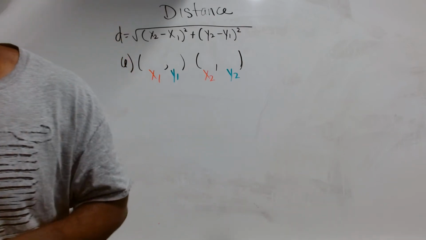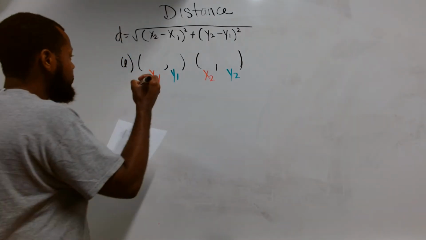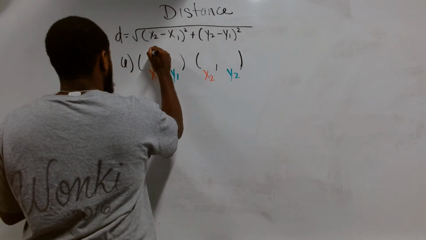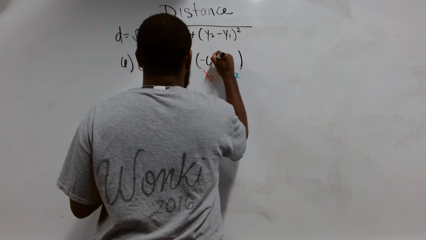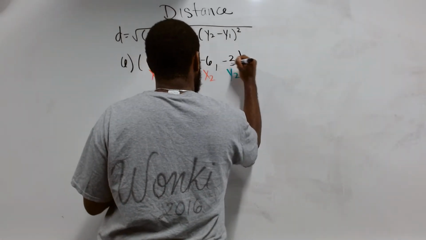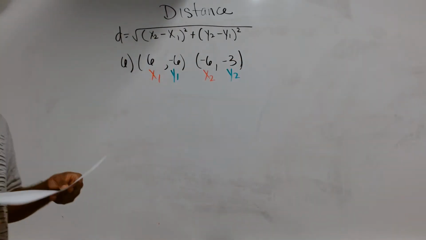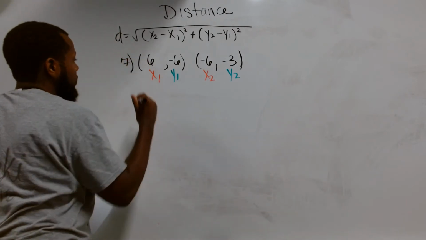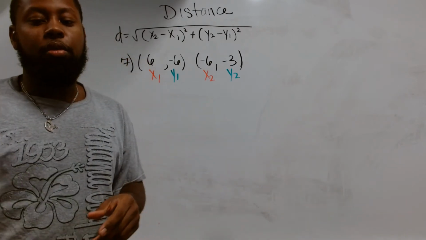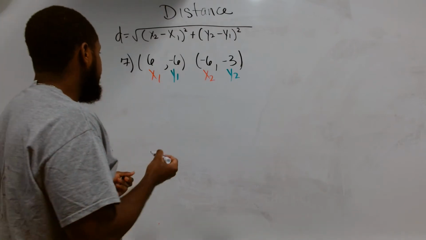So we have 6, -6. We have -6. We have -3. That's question 7. Same rule applies. Let's go ahead and get into the swing of it.